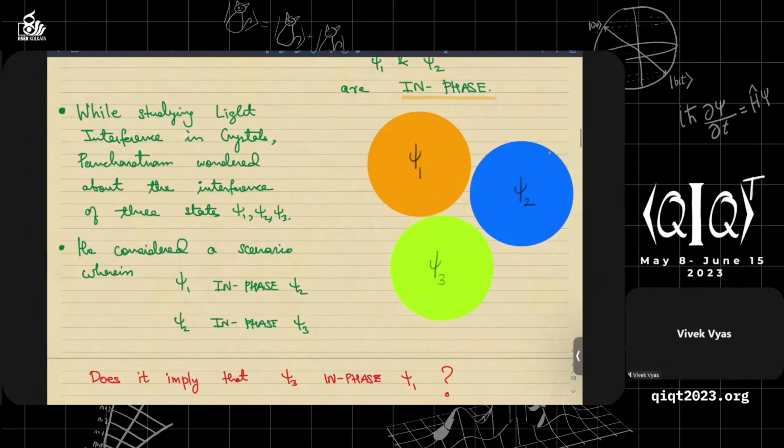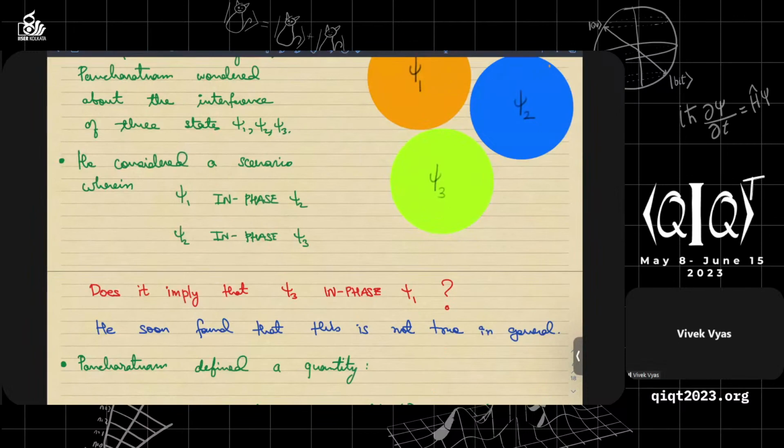So he considered a scenario. He asked this question: suppose I start with a simple situation where psi 1 is in phase with psi 2, and psi 2 is also in phase with psi 3. Does that imply that psi 3 is also in phase with psi 1?